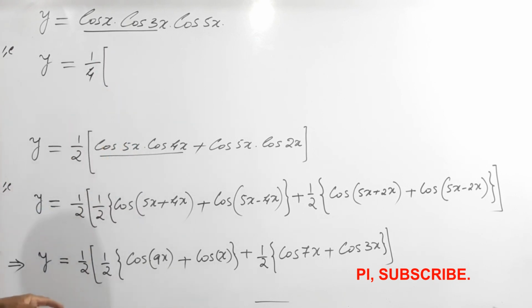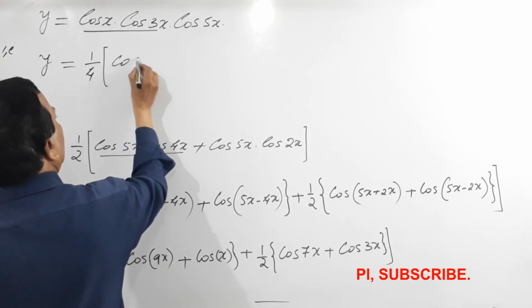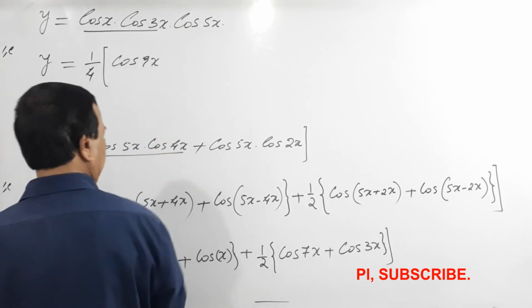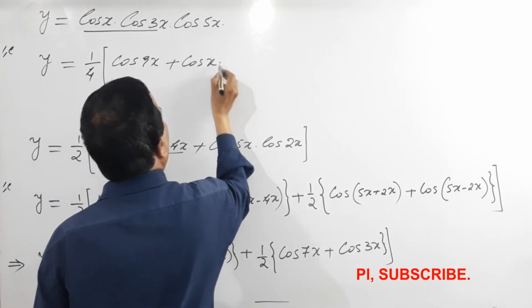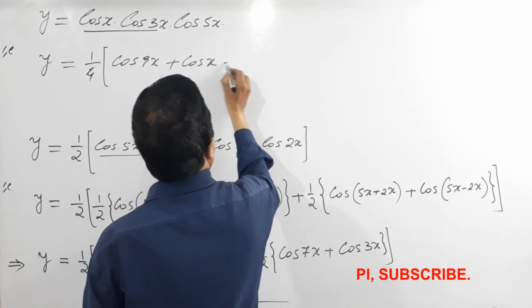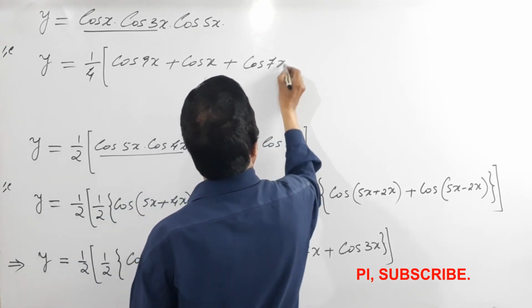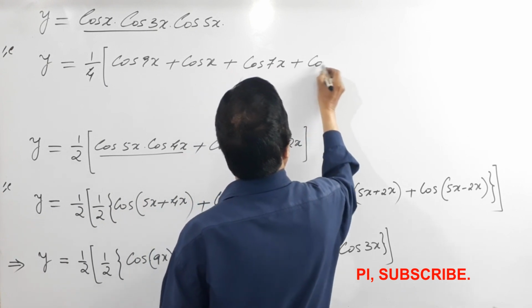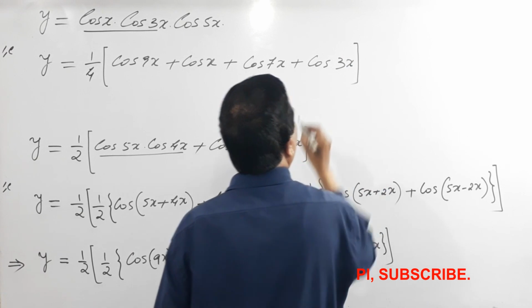I will remove the brackets, this becomes cos 9x plus cos x plus cos 7x plus cos 3x.